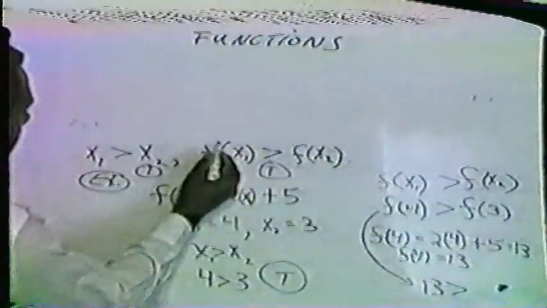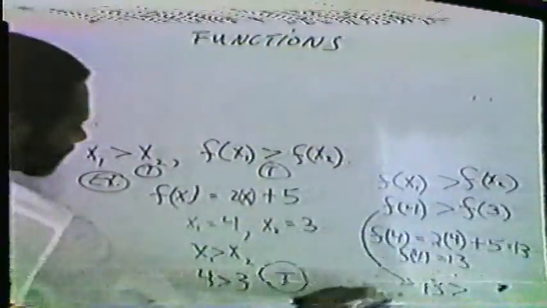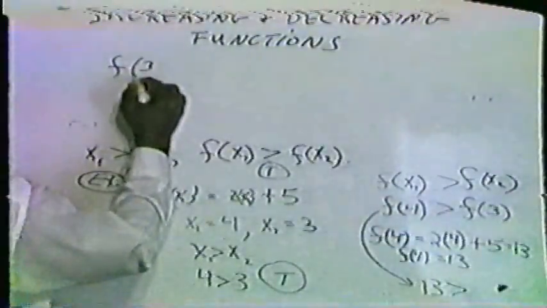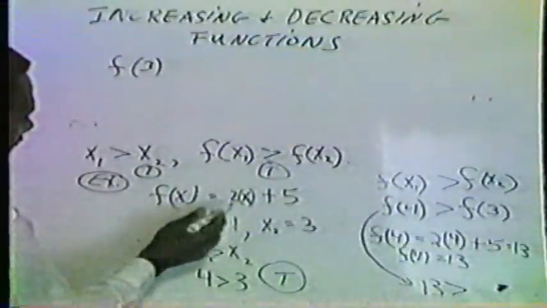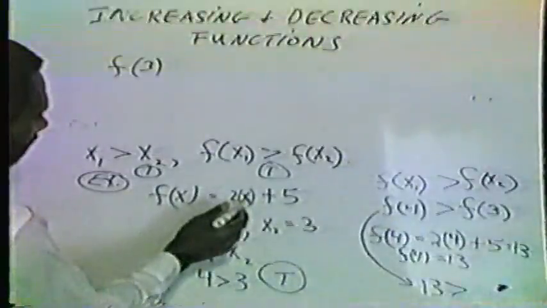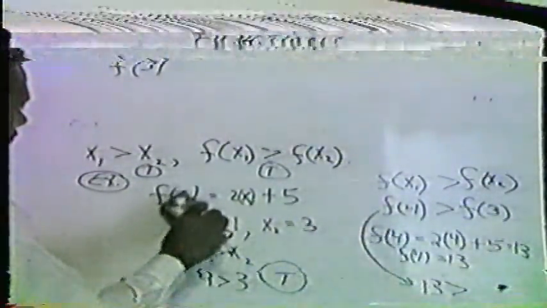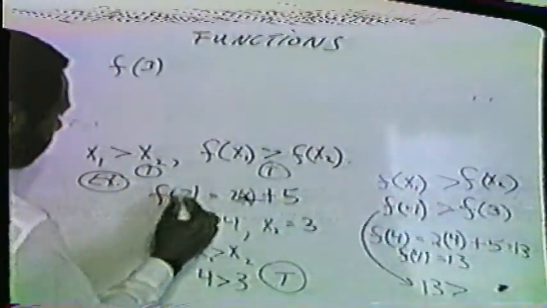So for f of 3, we substitute 3 in the original equation for x. Right here where we have x, this time we're going to substitute 3.